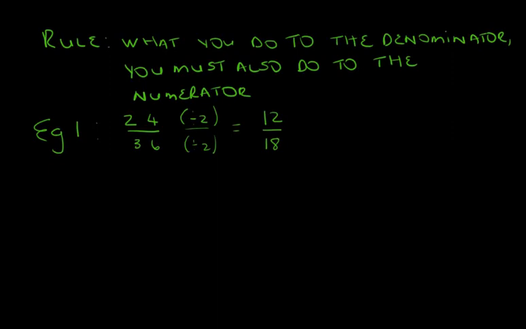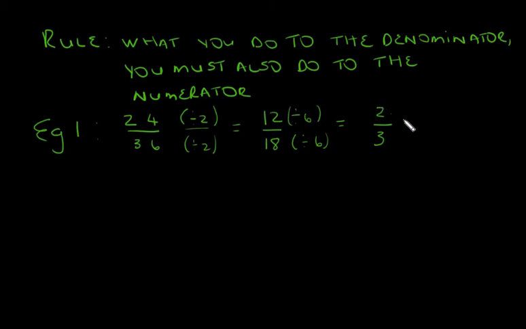So the question we ask ourselves now is, is there anything that divides into 12 and 18? Well, I can think of 6. So we divide by 6. 12 divided by 6 is 2, and 18 divided by 6 is 3. So I get the answer of 2 over 3.